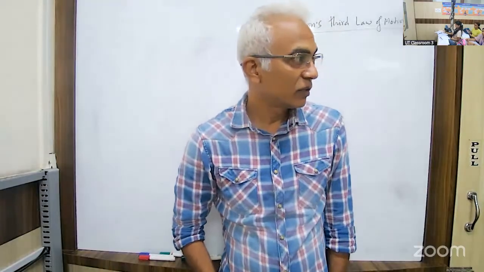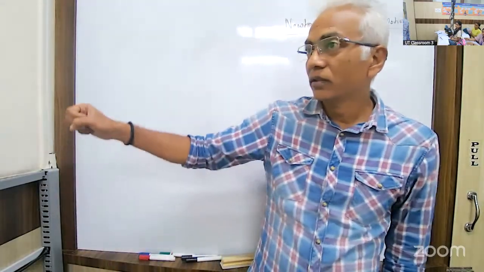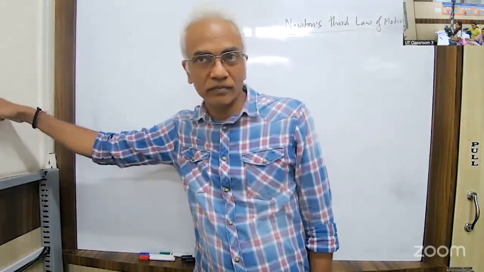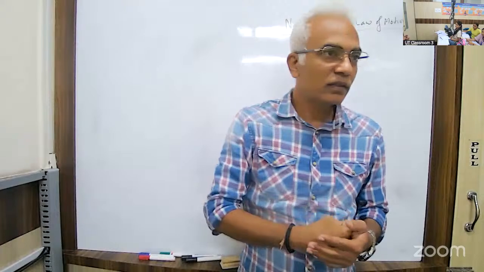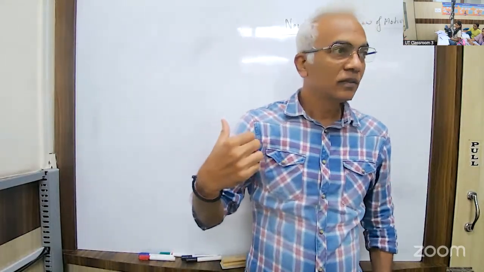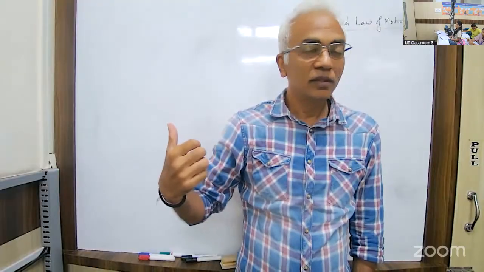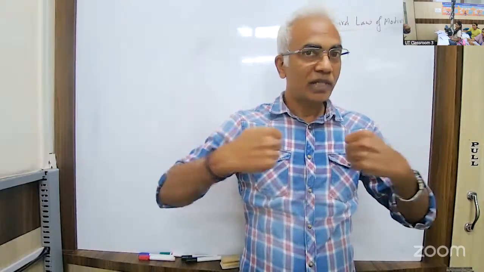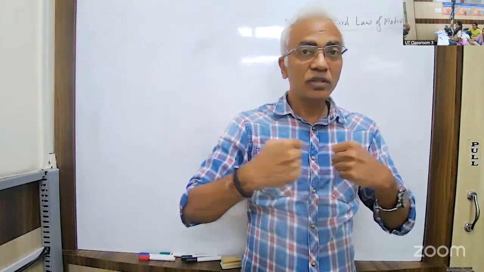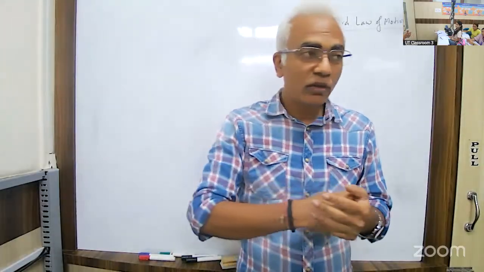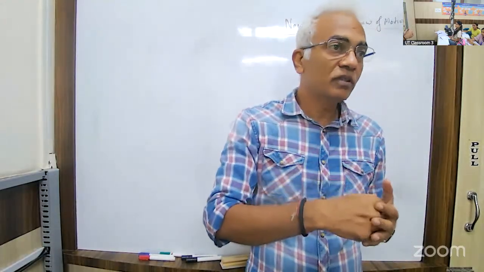Like for example, if I punch on this wall, will I get hurt? Yes. Will the wall get hurt? It is not getting hurt, but was the force similar? Same force? Action is equal to reaction. Force is same. The reaction by wall is sufficient to hurt my fingers.